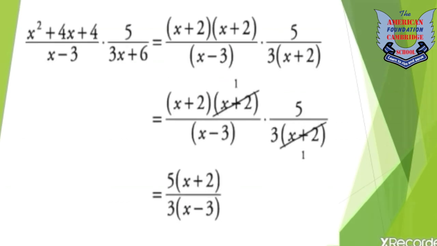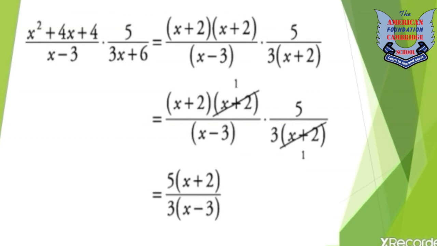Next example, (x² + 4x + 4) upon (x − 3) into 5 upon (3x + 6). Here, you have to factorize the numerator of the first fraction and the denominator of the second fraction. The denominator of the first fraction and the numerator of the second fraction are already in simplified form, so you don't have to factorize them.